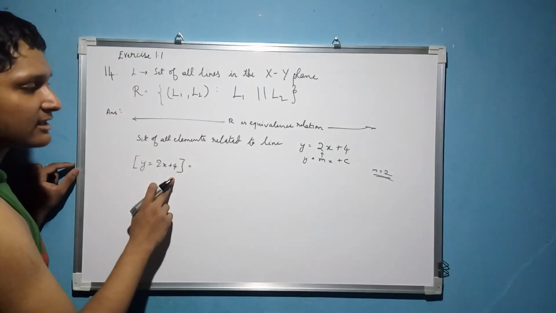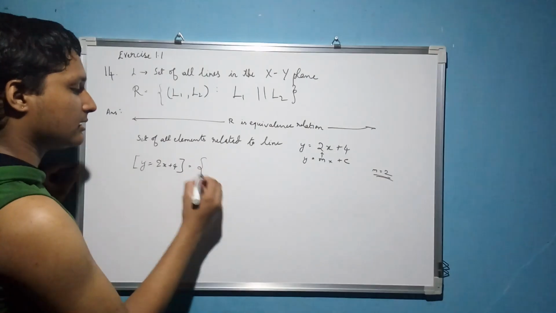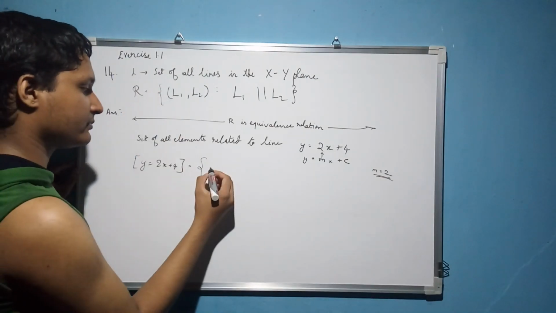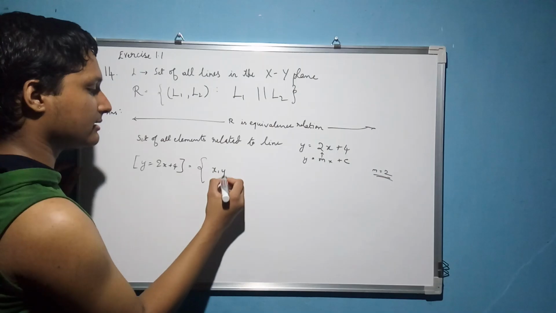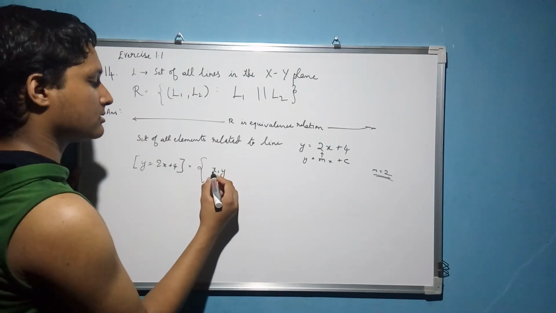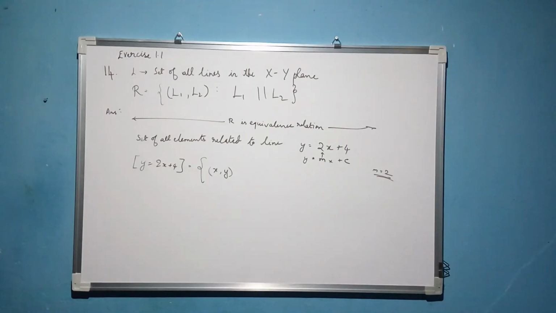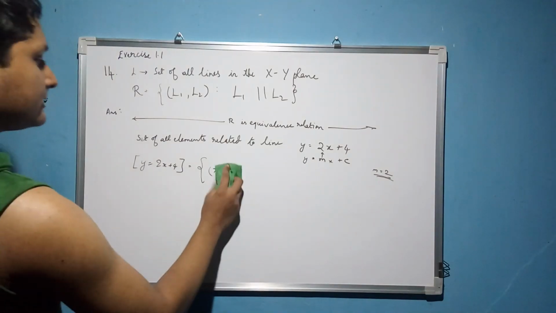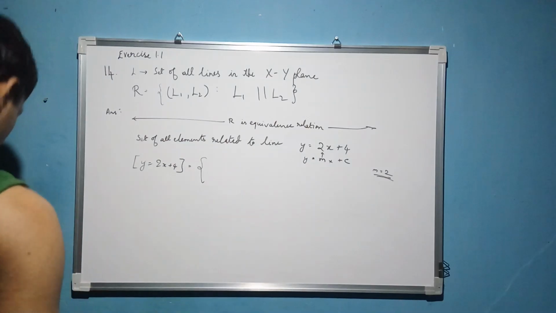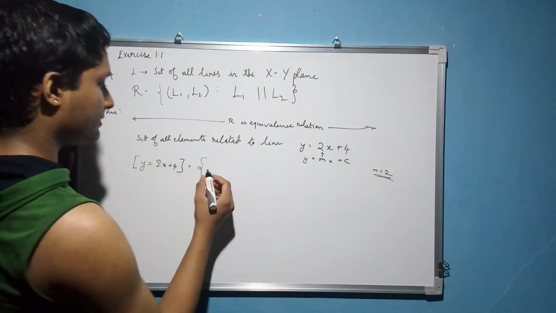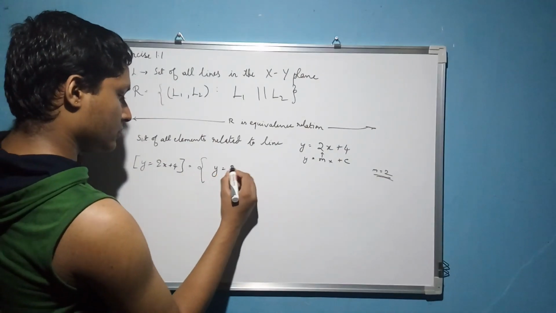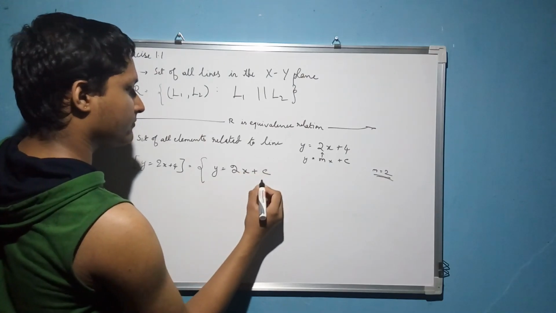Therefore the equivalence class of this becomes (x, y). Instead of writing the set in this format, I'll just write it as how it is here, and we'll write, let it be y is equal to 2x plus c.